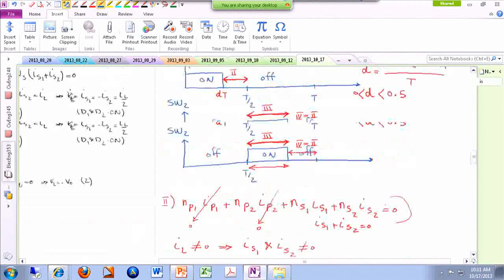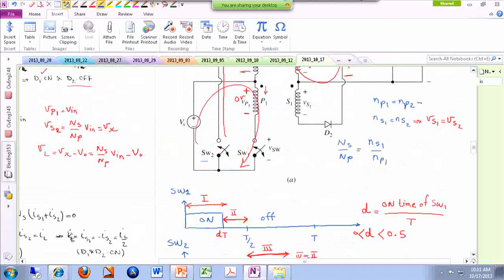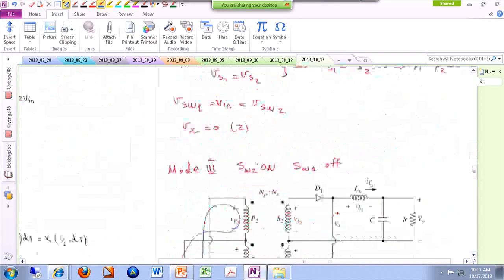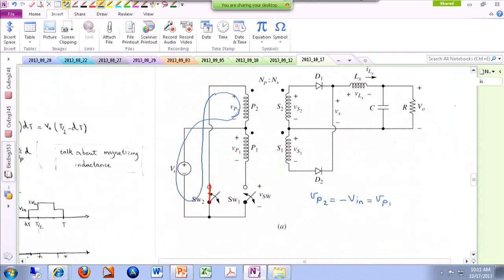So we are applying a negative voltage across the transformer. This negative voltage translates to the secondary side. So V secondary 1, which is the same as V secondary 2, is negative N secondary over N primary times Vn.